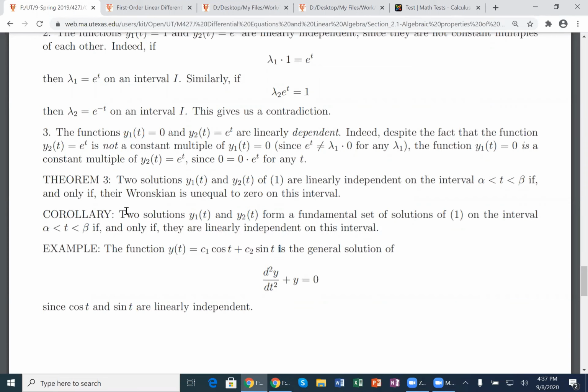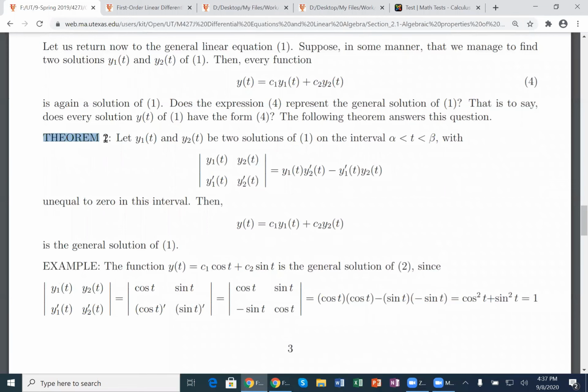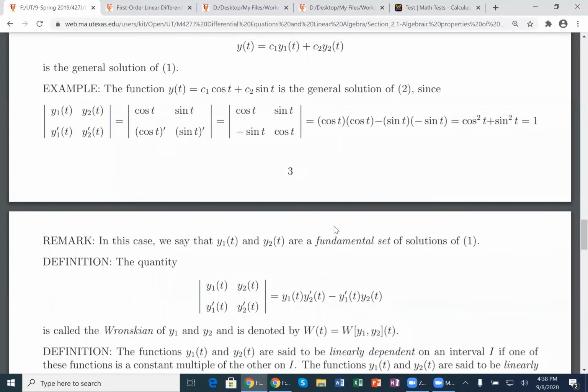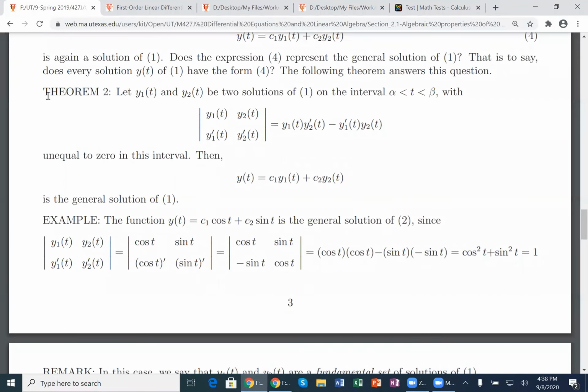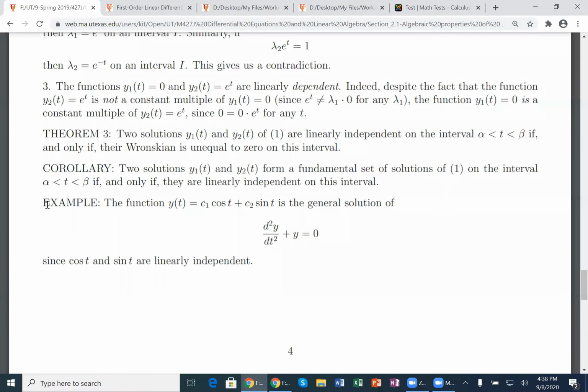So, this corollary and theorem 2 give us two alternative ways of proving or disproving that y1 and y2 are a fundamental set of solutions. Way number 1, by theorem 2, we can find the Wronskian. Way number 2 is the corollary.